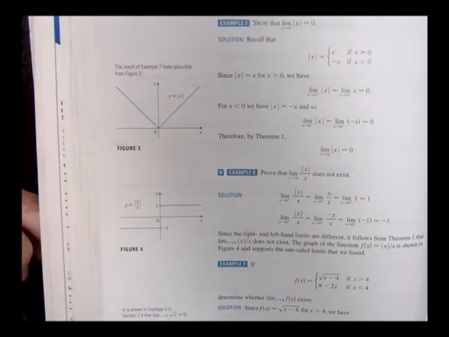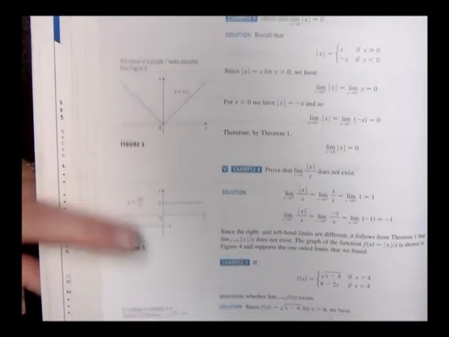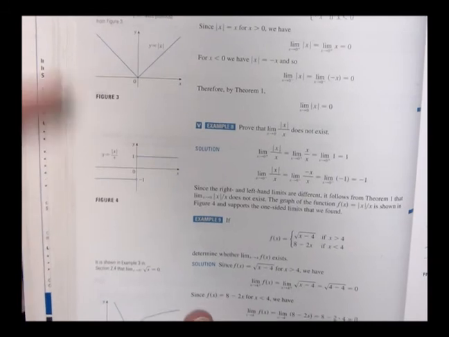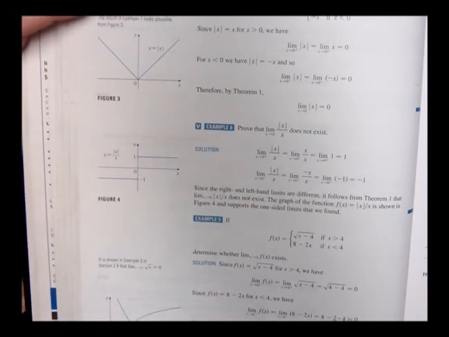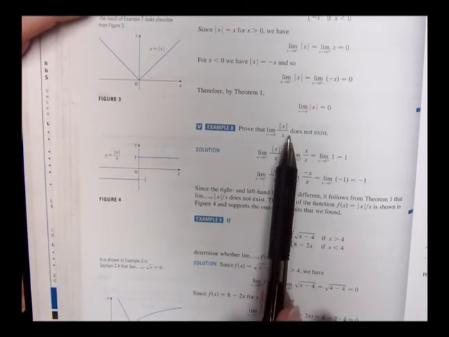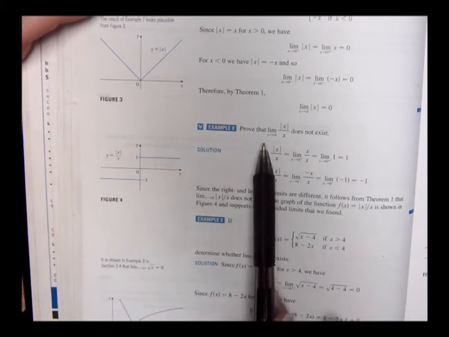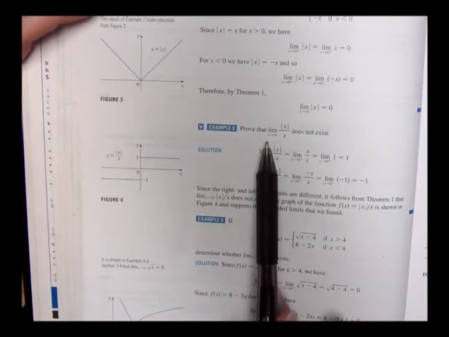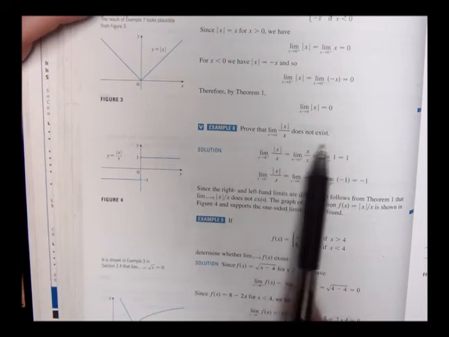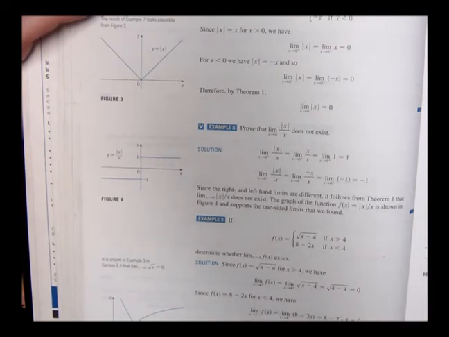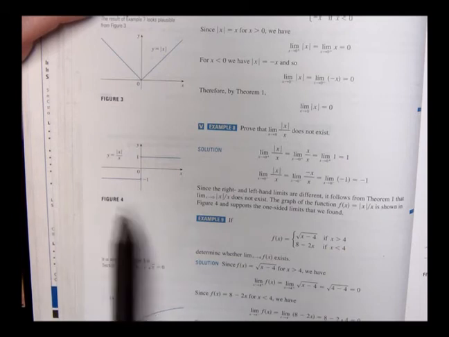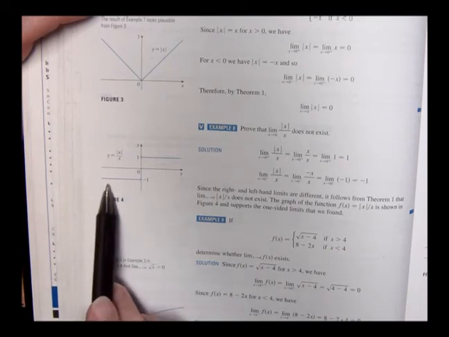Now, example 8 is a little bit different. We looked at this example also before. We have the absolute value of x over x. We want to prove that as x approaches 0, this doesn't exist. So let's look at it coming from the left.